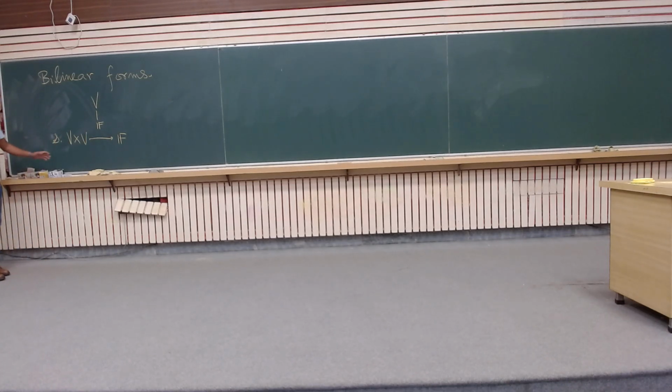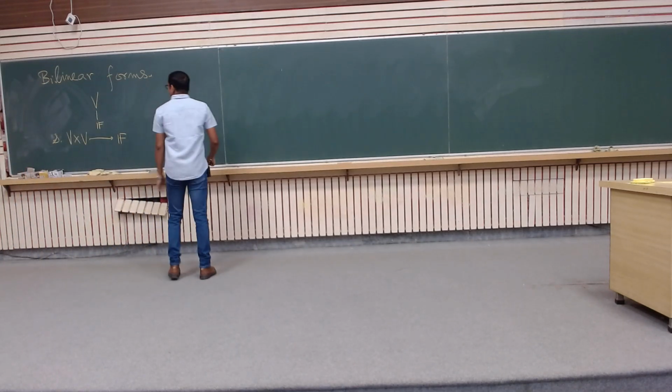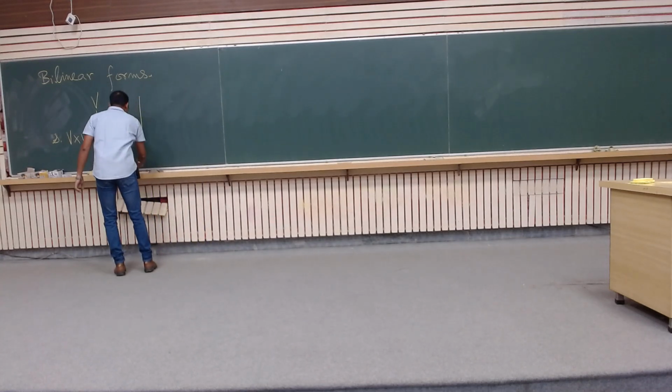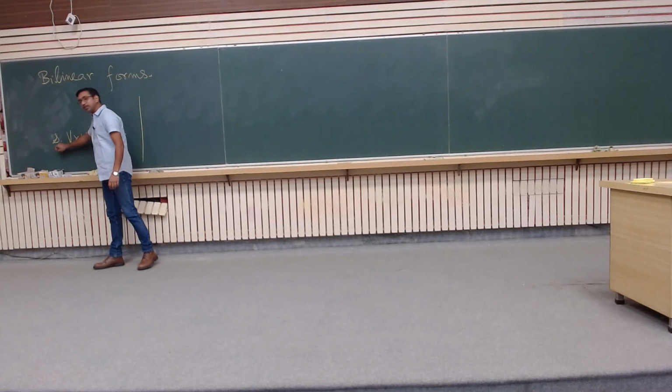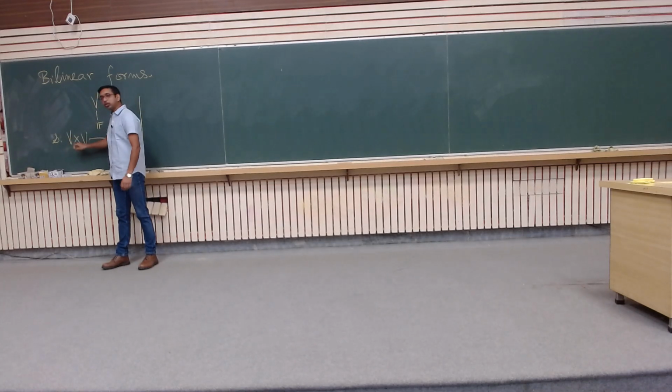Later we will denote it just by two brackets, but for the moment, since we are talking about a map, give it some name S. So what are the properties that we require? We require S to be linear in both of its arguments.